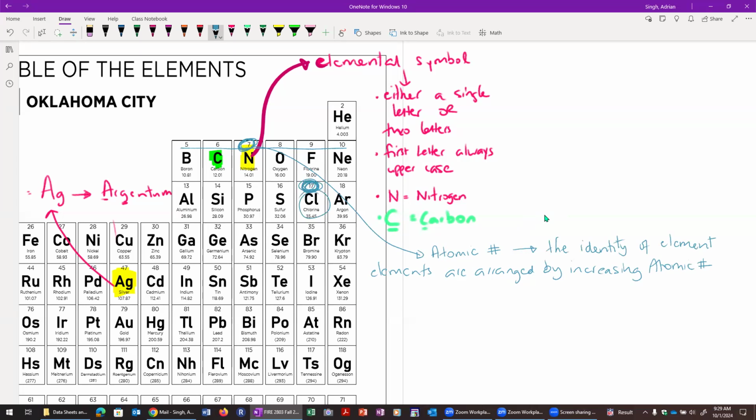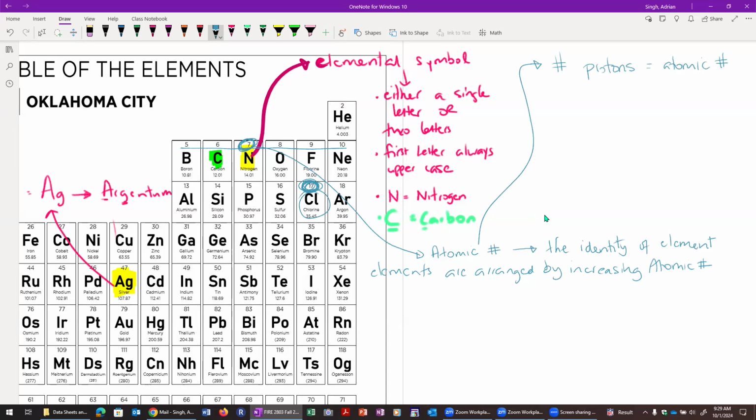Now, another important feature of the atomic number is that it also tells you the number of protons in that atom. So the atomic number is the number of protons. And remember that protons are in the nucleus.